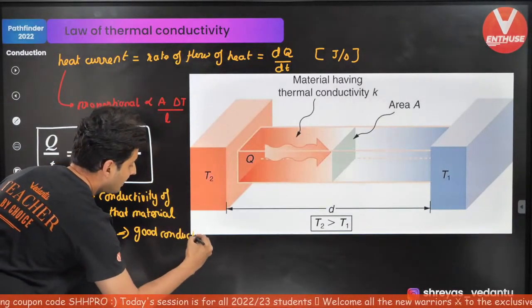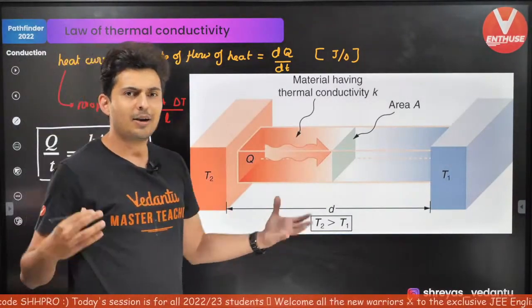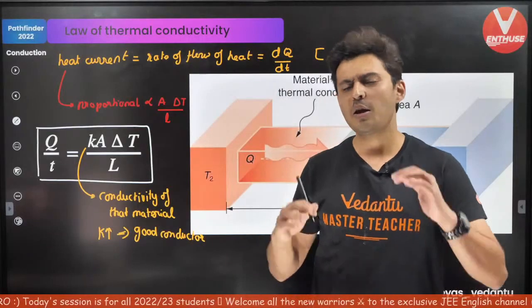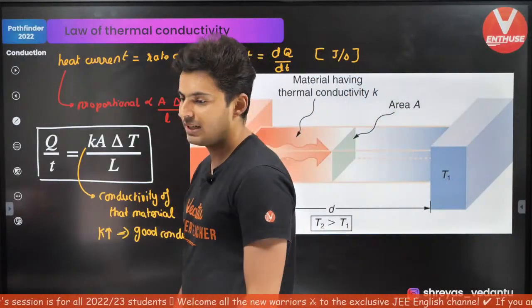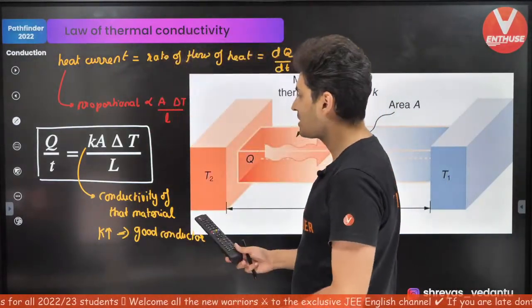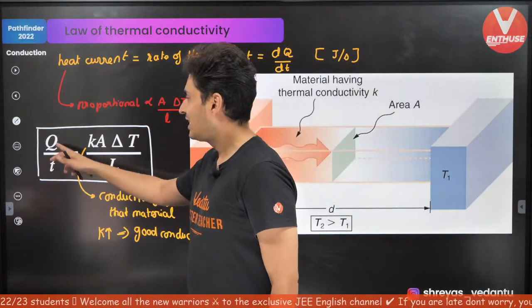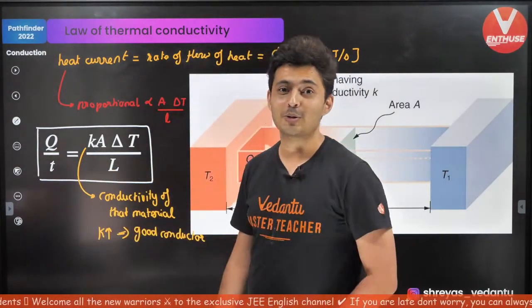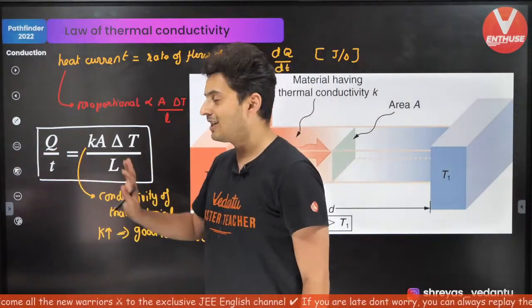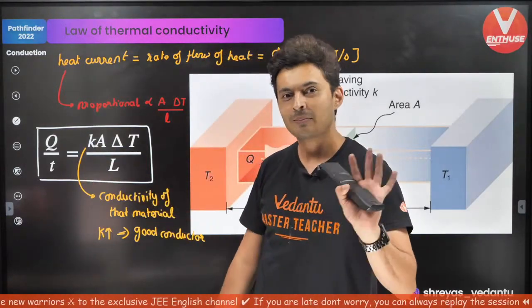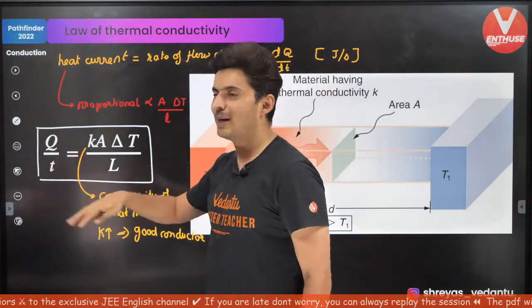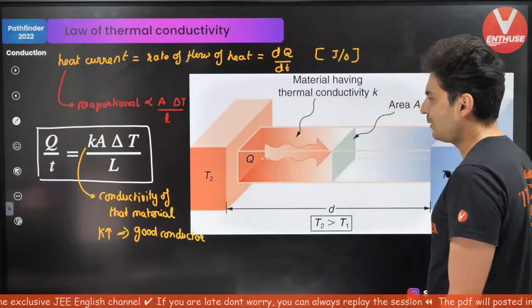Understand that. So very, very important. More the K, better conductor it is. Less K, bad conductor. As simple as that. Yes, it's very similar to charge flow rate, charge by time. Symbols are also very similar. Q for charge, t for time, charge by time, current. But here, Q stands for heat, heat by time is heat current. Very, very similar out here.